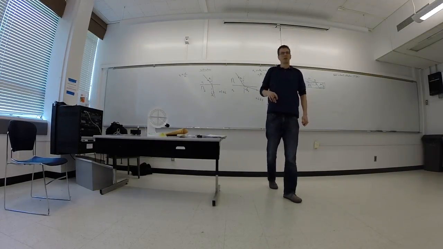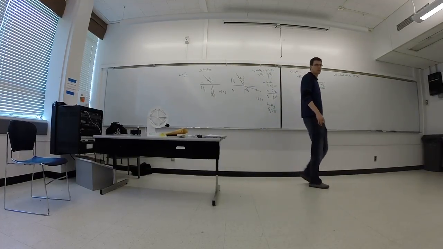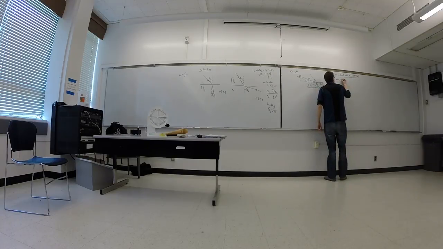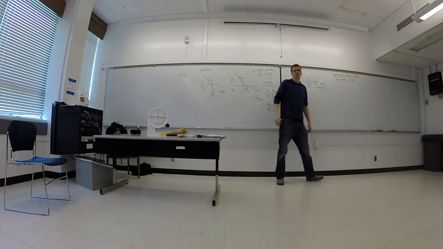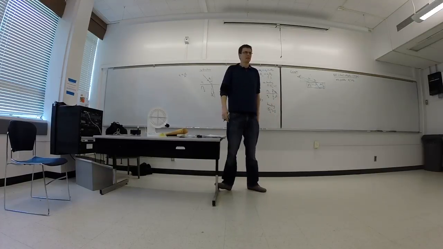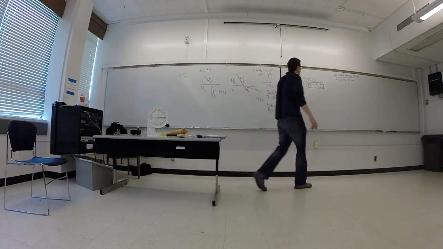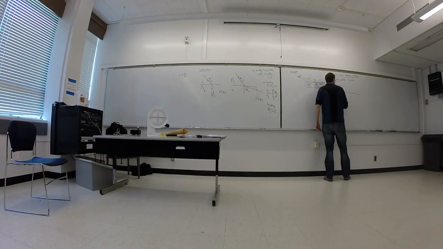This whole phenomenon relies upon the fact that you're bending away from the normal. So it's only possible when Ni is greater than Nt. You could never have it unless you bend away from the normal. So Ni has to be bigger than Nt.